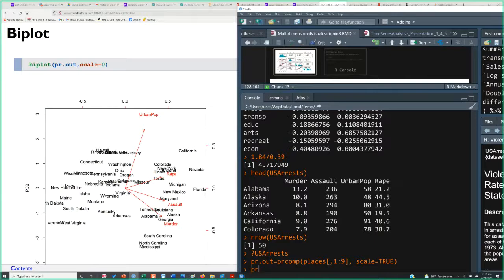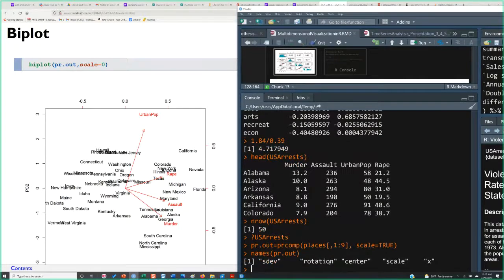And PR out, names of PR out, right? We want to see one more time. Recall this. PR out, rotation. PR out, dollar rotation.